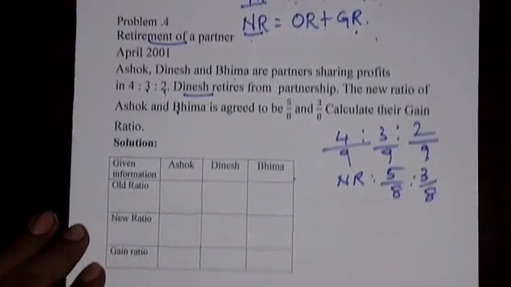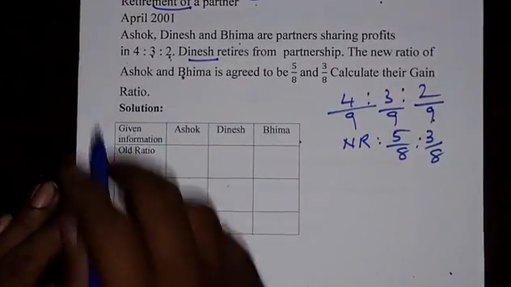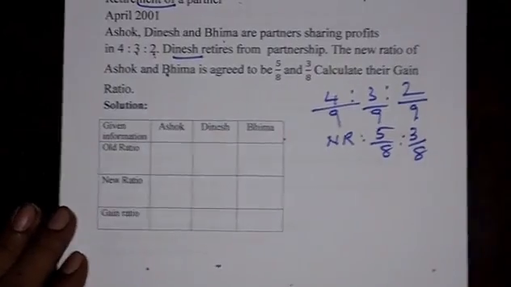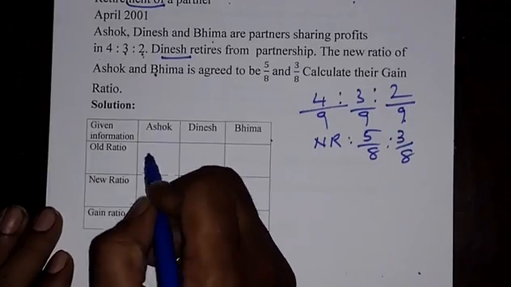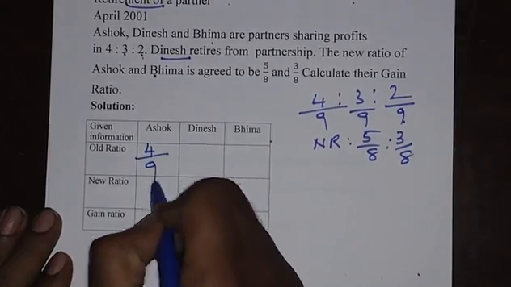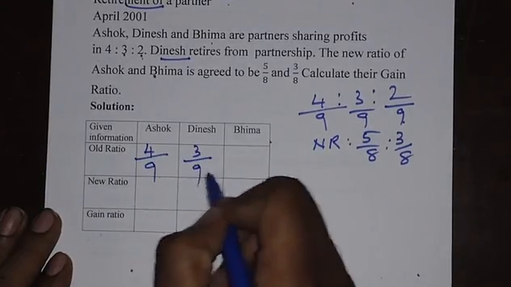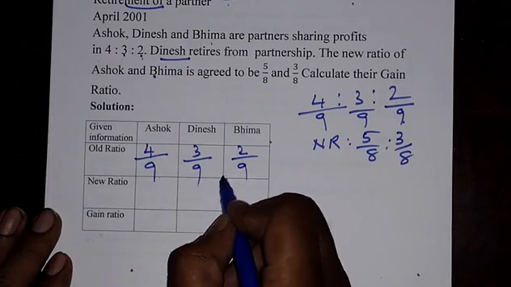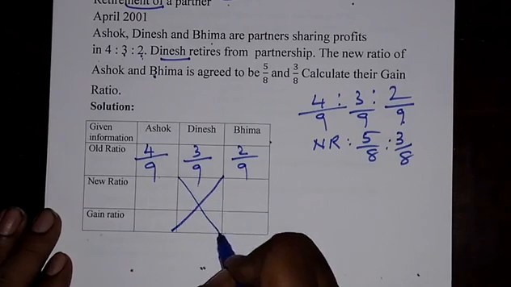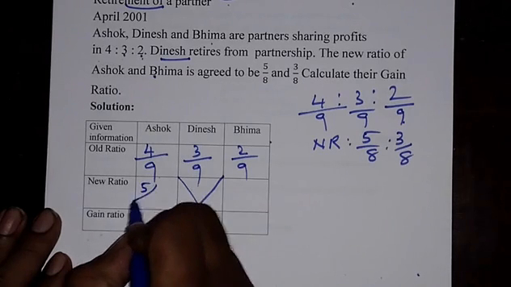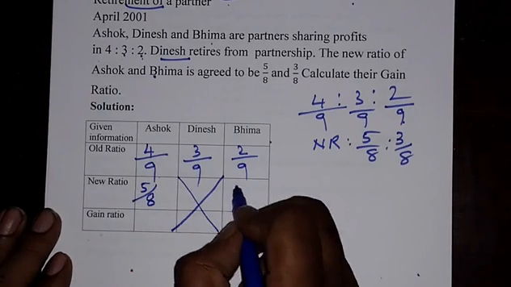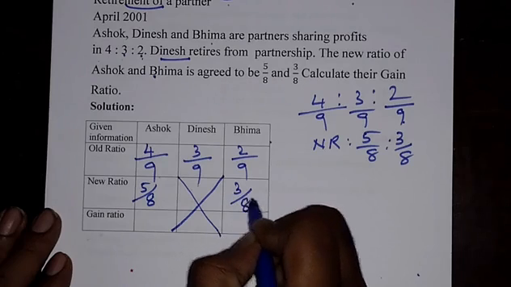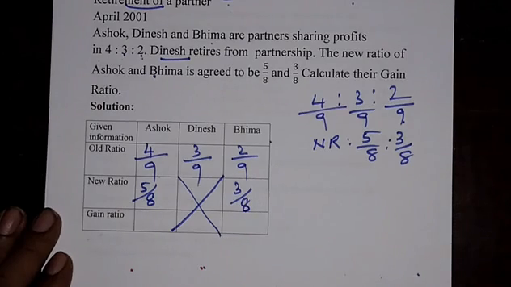Now calculate the gain ratio. So the old ratio is 4 by 9, 3 by 9, 2 by 9. Dinesh is retired and the leftover is 5 by 8 for Ashok and 3 by 8 for Bhima. Now what is the gain ratio?